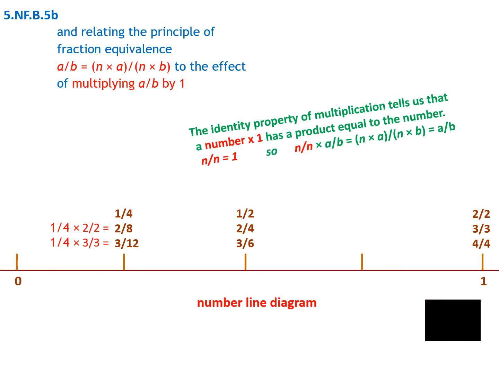Because n over n is equal to 1, n over n times any fraction a over b yields an equivalent fraction to a over b. And this concept is illustrated on the number line diagram at the bottom of the slide.